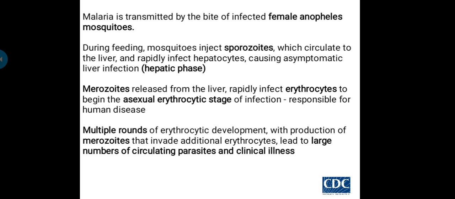There are multiple rounds of erythrocytic development, producing multiple merozoites that invade additional erythrocytes. This leads to a large number of circulating parasites and clinical illness.